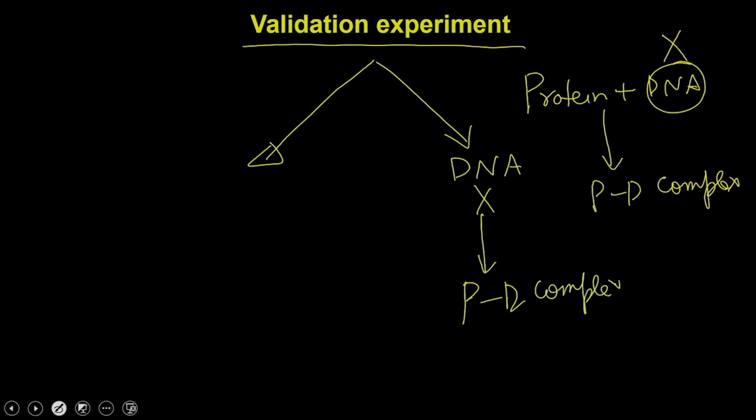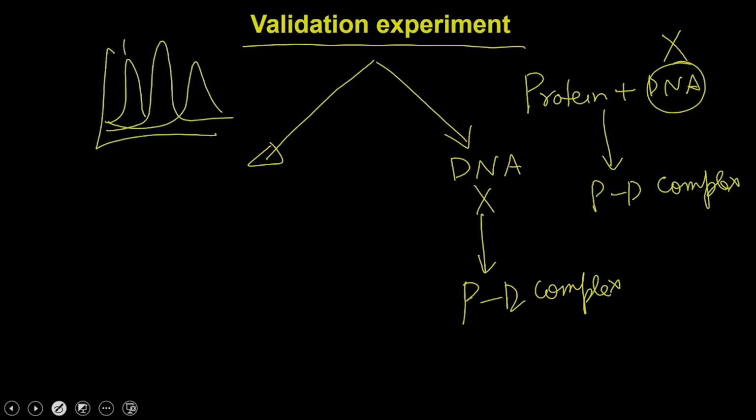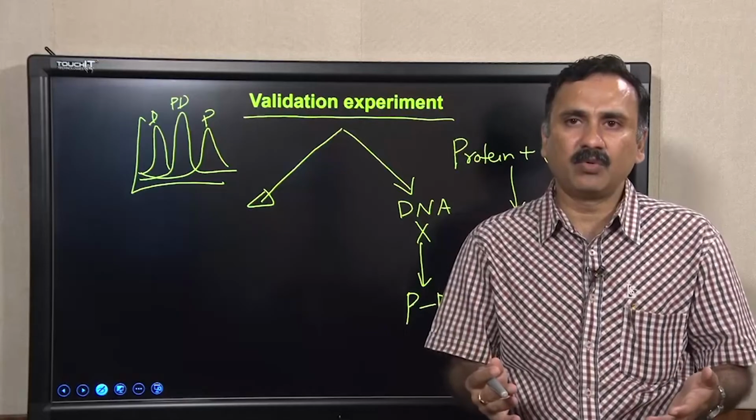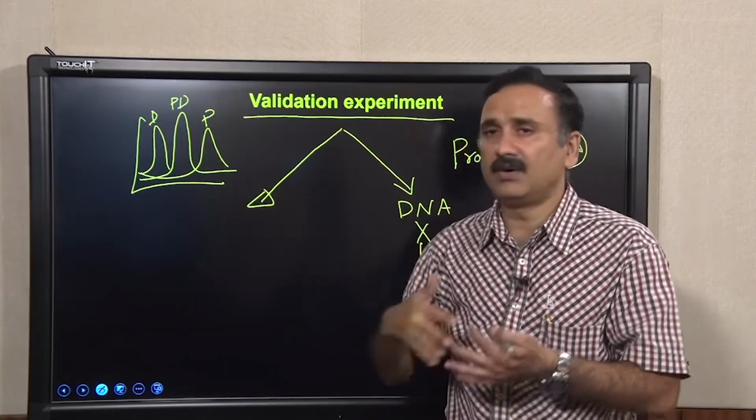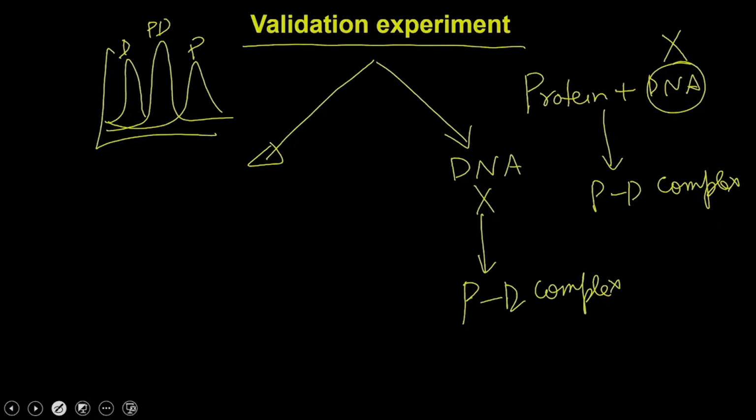So if I am seeing an intermediate peak, because this is the DNA peak, this is the protein-DNA complex peak, and this is the protein peak, a shift in the peak could be because the DNA is interacting with the protein, or a shift could be because of some kind of artifact while you are running the second time.